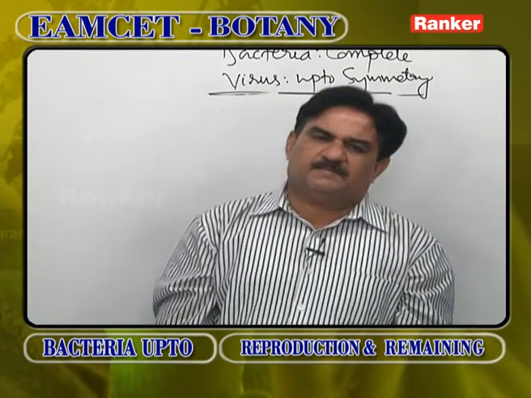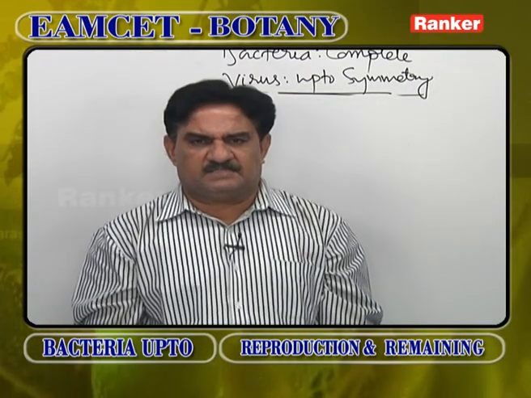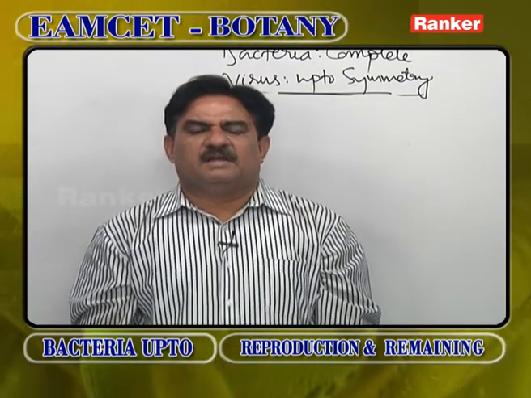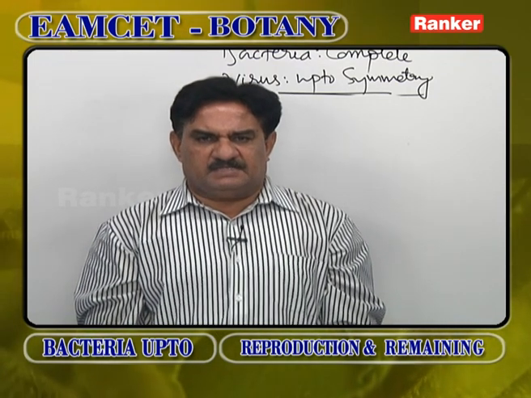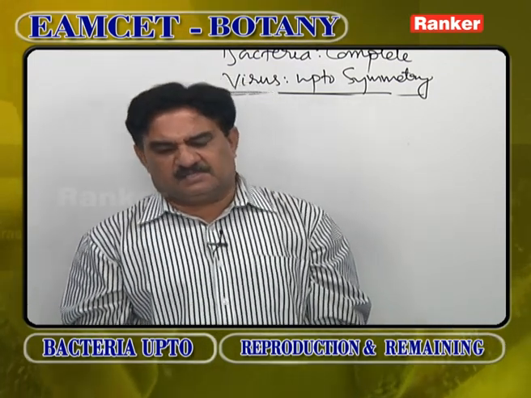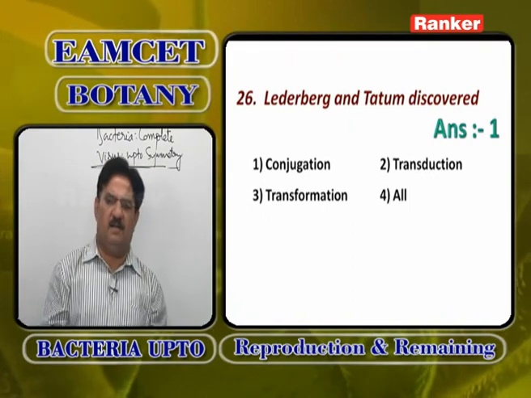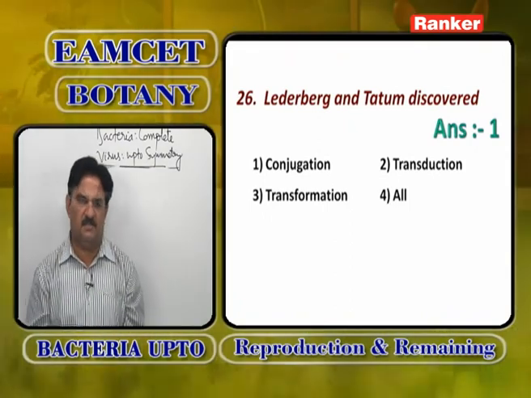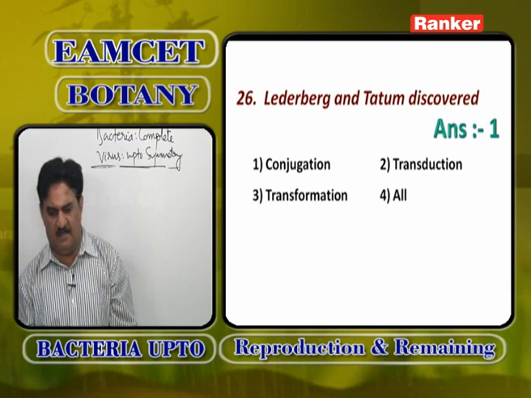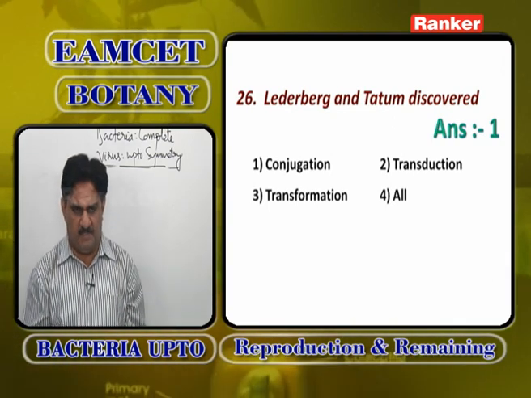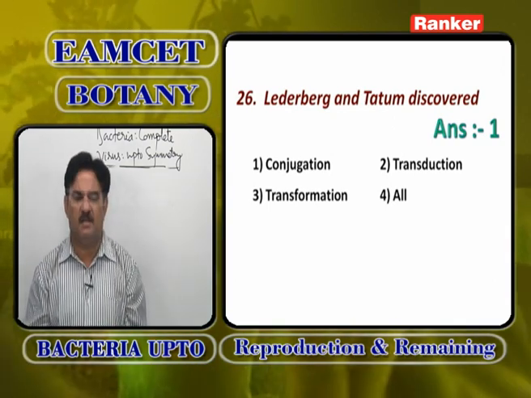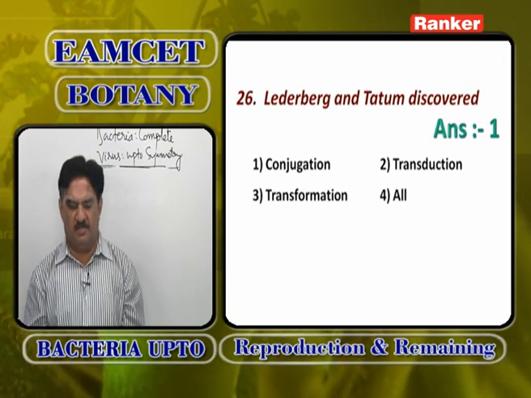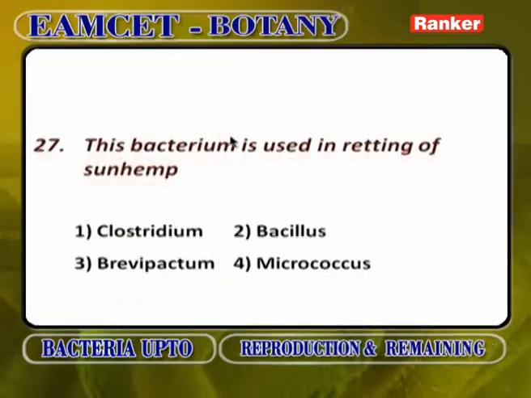The F plus plasmid replicates and passes through the sex pili conjugation canal, enters the female cell and converts the female cell into a male cell. So, this is conjugation. It is the only physical contact. In transformation and transduction there is no physical contact. So, the only physical contact by which reproduction takes place in bacteria is conjugation.